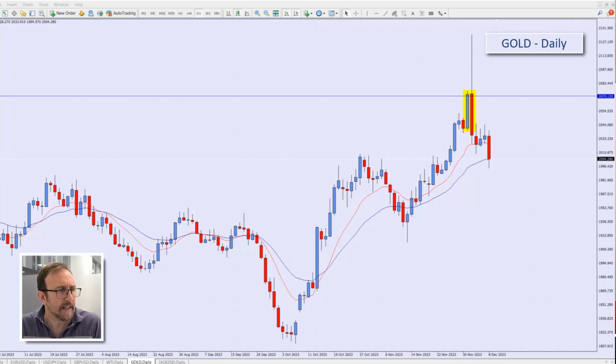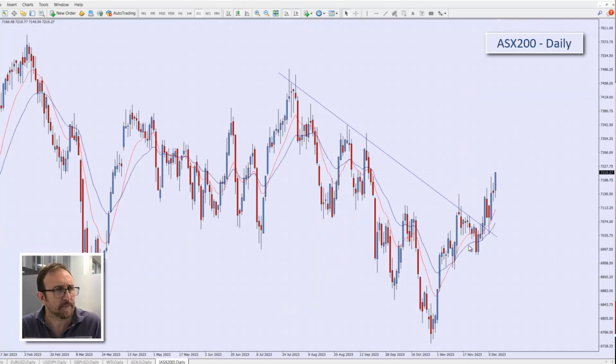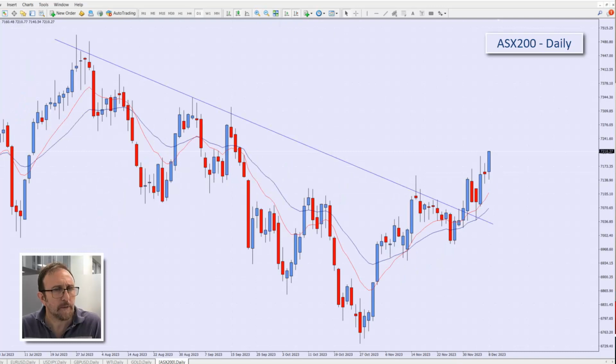Last one for the week, let's have a look at the ASX 200. Okay, from memory, let me just zoom in a little bit. From memory, I said, let's keep an eye over here and let's look for a big candle that crosses over with a lot of momentum, because we could be breaking the trend and moving in that direction. Did we get that?